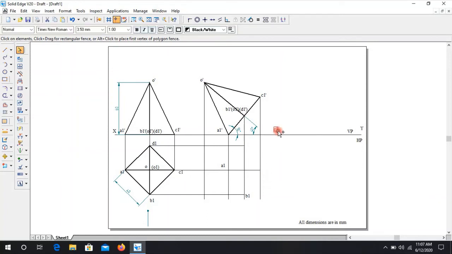Horizontal line from C1, vertical line from C1, so this is point C1, and the last point D1. This intersection point will be D1. Next, O: horizontal line from O, vertical line from O, this is point O, and O1 will be the center point.